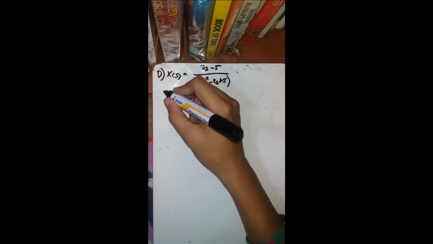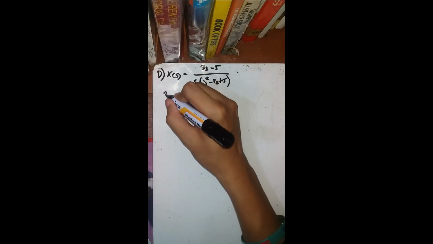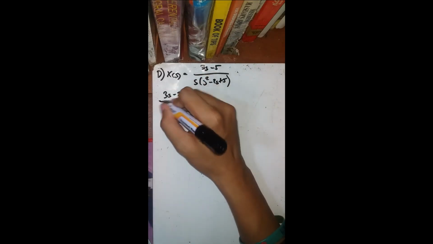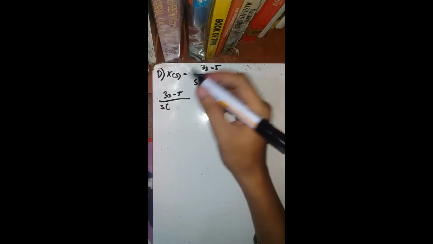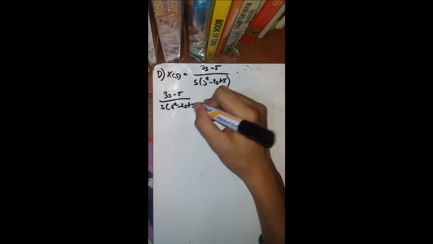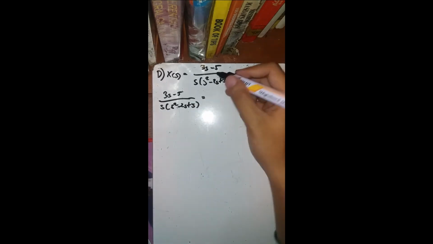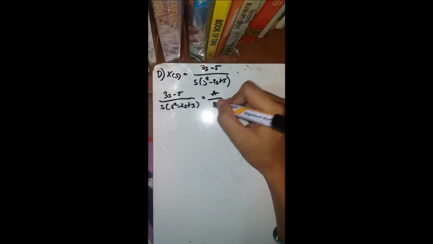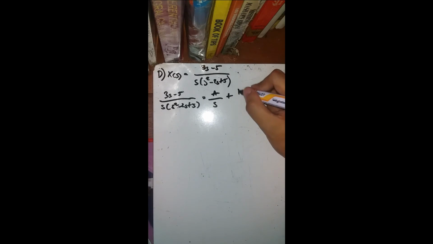Okay, now let's have here 3s minus 5 all over s times s squared minus 2s plus 5 equal to your A over s plus Bs plus C all over s squared minus 2s plus 5.